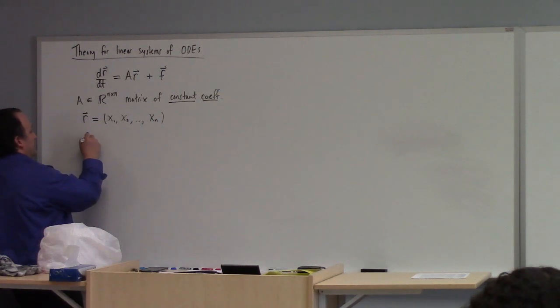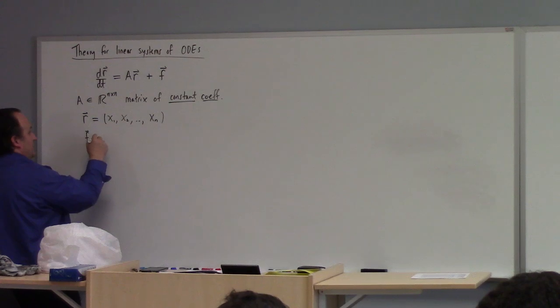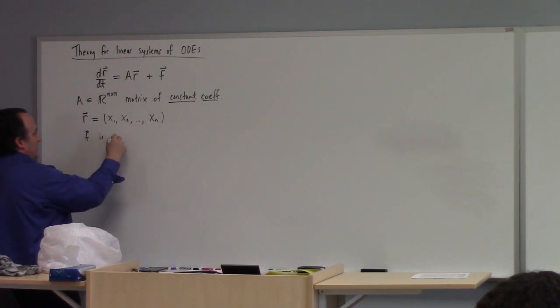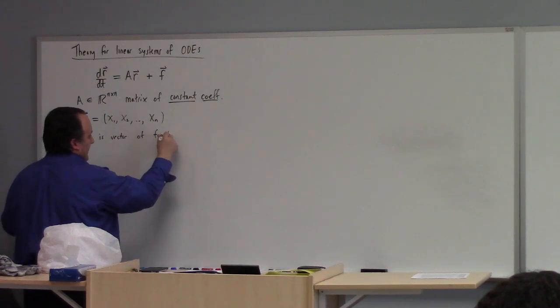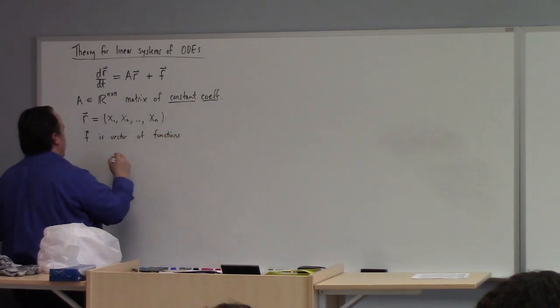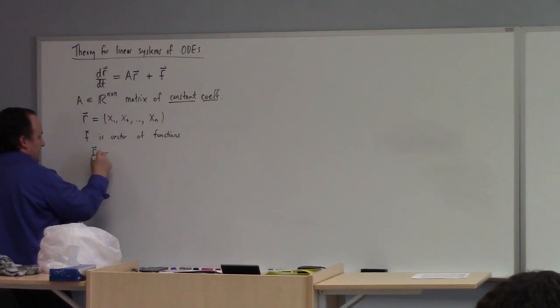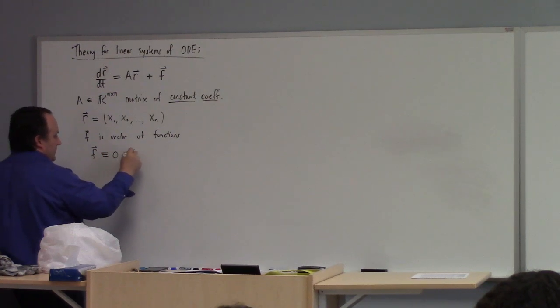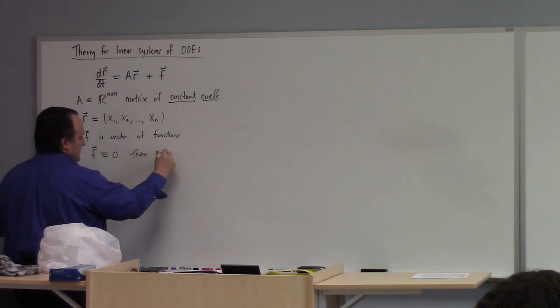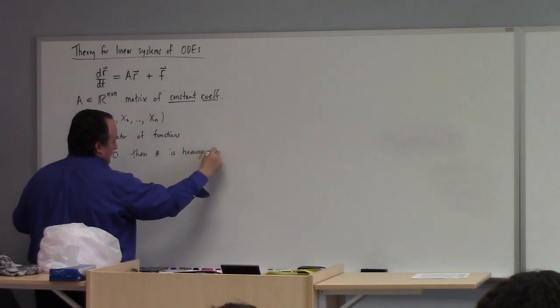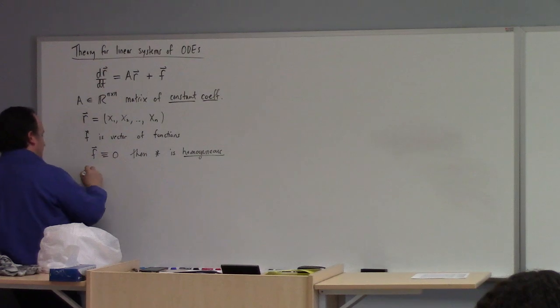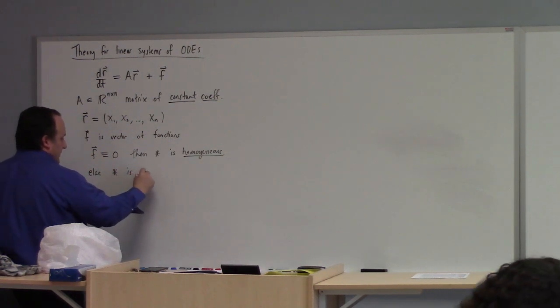Here, f is a vector of functions, right? Generically speaking, if f is identically equal to 0, then star is homogeneous. Otherwise, star is non-homogeneous.